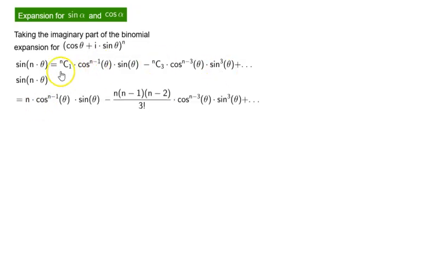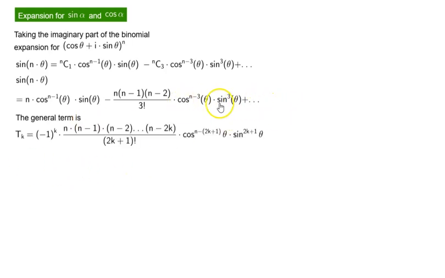Now let's expand the coefficients. So we have sine n theta is equal to n times cos to the power of n minus 1 theta times sine theta minus n times (n minus 1) times (n minus 2) divided by 3 factorial times cos to the power of n minus 3 theta times sine cube theta and so on.